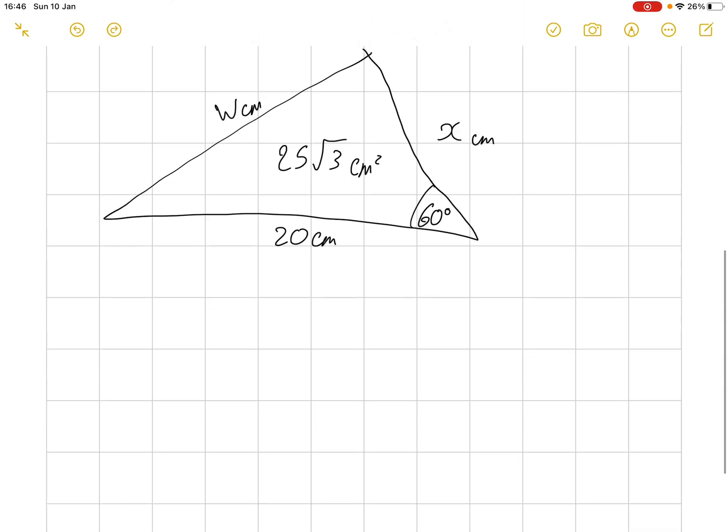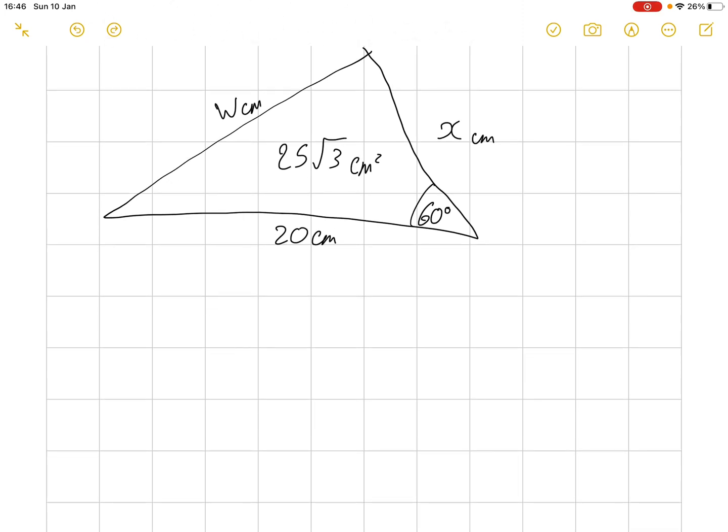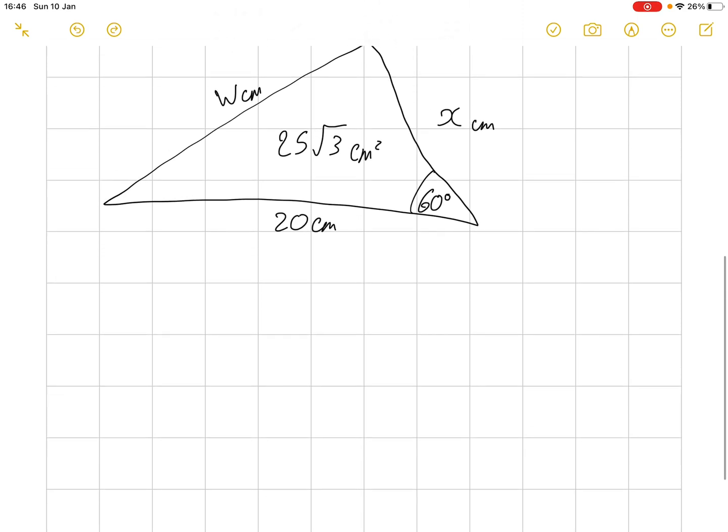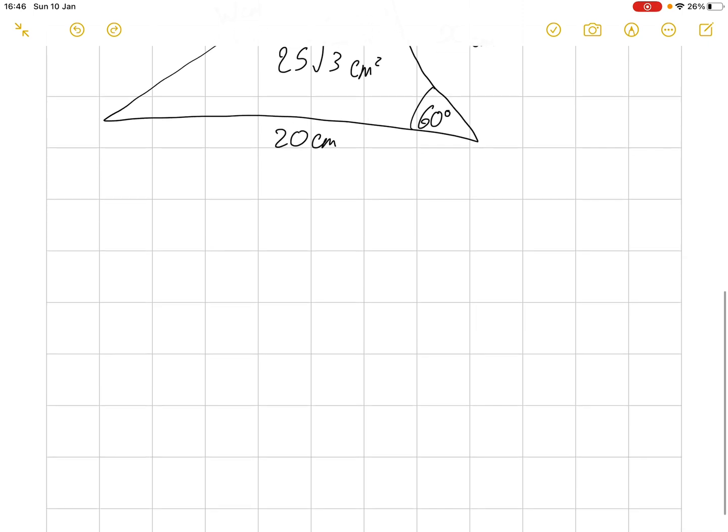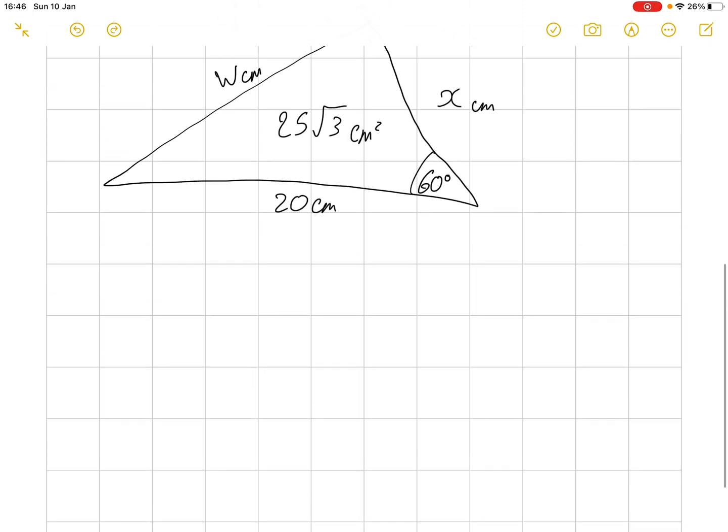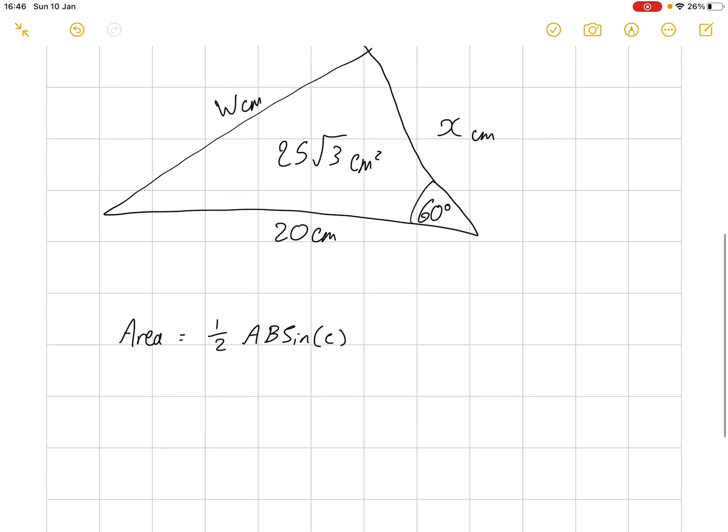Now then, that's going to be a bit difficult, surely, because we have two unknowns. Well, not quite. We can calculate x. We have to use another formula for the area of a triangle: that the area is equal to 1/2 ab sine C. Thankfully, we know enough about the triangle to work out what x is.